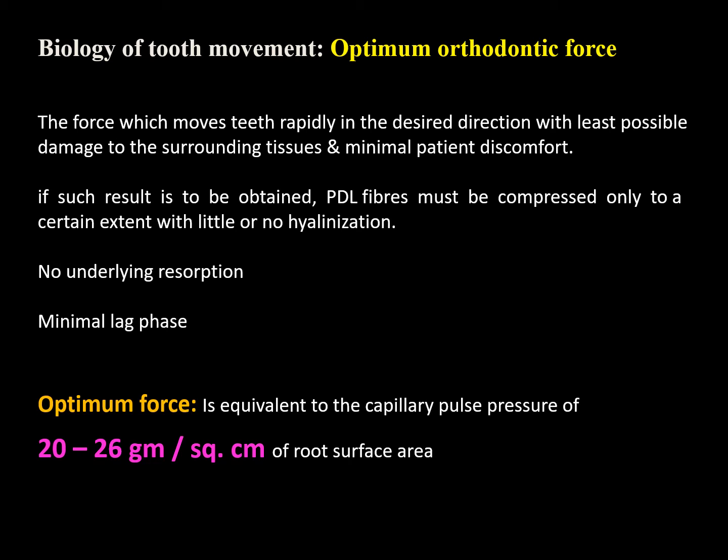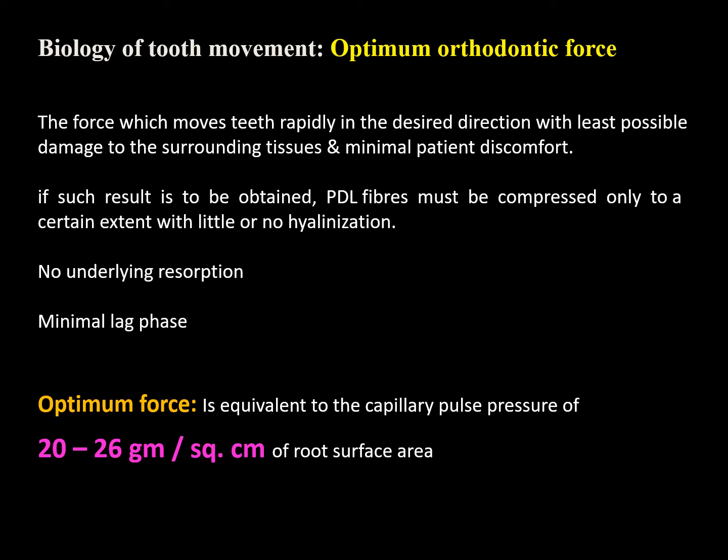So the force with which you can rapidly move teeth in the desired direction with the least possible damage to the surrounding tissues and minimal patient discomfort is what is known as optimum orthodontic force, which is around 20 to 26 grams per square centimeter of the root surface area.